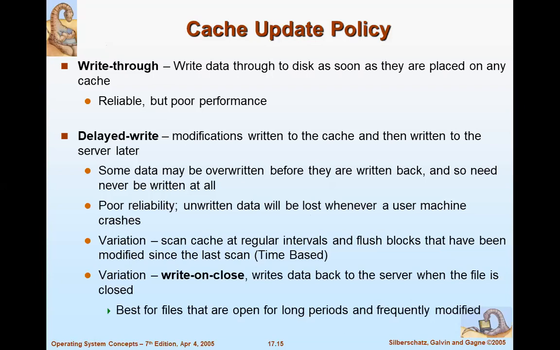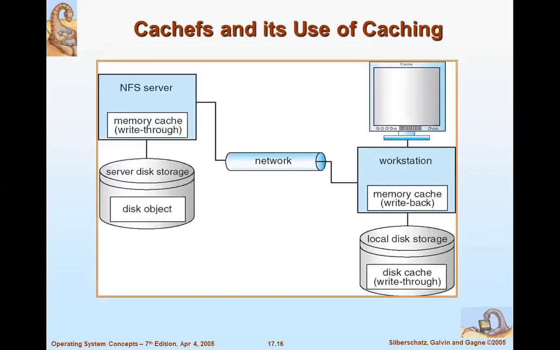It is best for files that are open for a longer period and frequently modified, especially for programmers who are modifying a file 1,000 times in a single hour, and that's why you should not update the server copies with every modification, because it is not yet finalized.